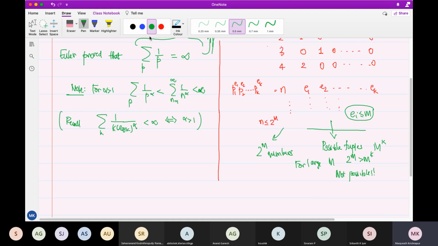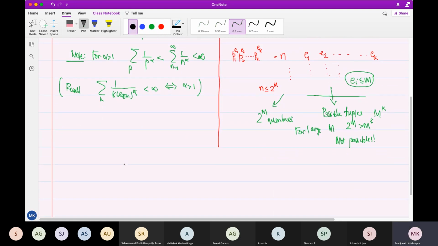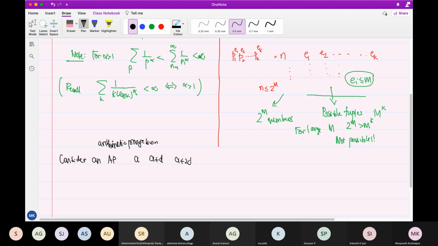But before going to all that, what is Dirichlet's theorem? Dirichlet's theorem is the following. Suppose we take a subset. Consider an arithmetic progression, AP, which is a plus d n, with n in the natural numbers.